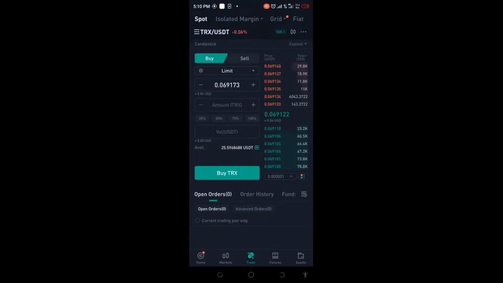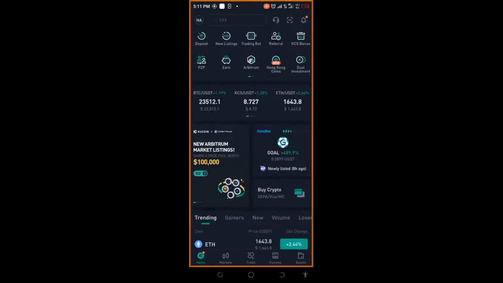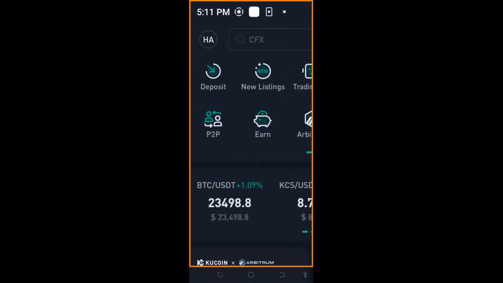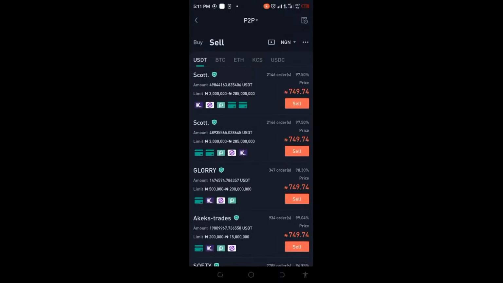Okay, so we're here to change this to TRX. Now, of course, there are two ways you can do this. You can actually decide to use the P2P. If we look here, you will see that KuCoin has P2P, right? So you can actually decide to withdraw your money by just selling it off. It's very, very possible.